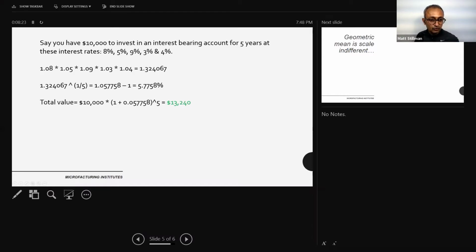So you're taking the 5th root, and you get 5.775%, and you do the same compound interest calculation, and you get the exact value, which is the true value, right? So if you were to use an arithmetic mean, you'll end up coming to the wrong conclusion, okay?